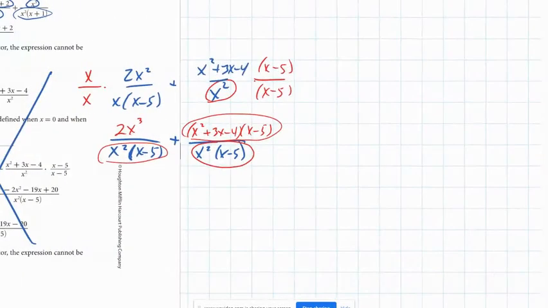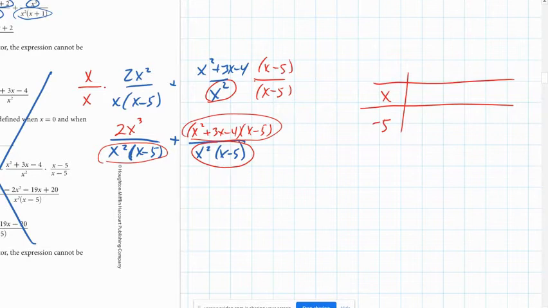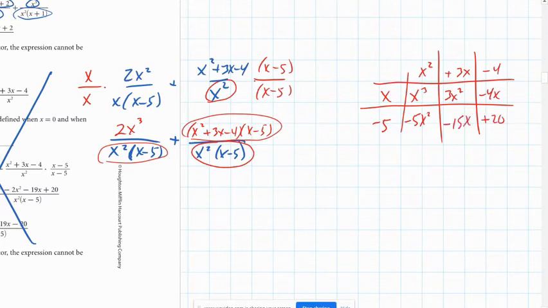And so to multiply those expressions, I'm going to set up a grid, do the grid method. So we have x minus 5 times x squared plus 3x minus 4. And so that is x cubed, 3x squared, minus 4x, minus 5x squared, minus 15x, plus 20.